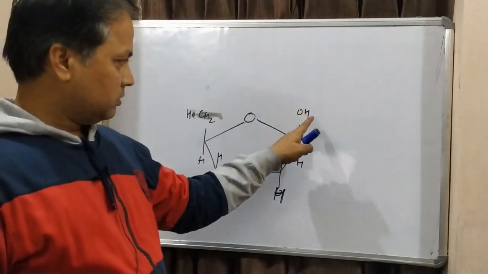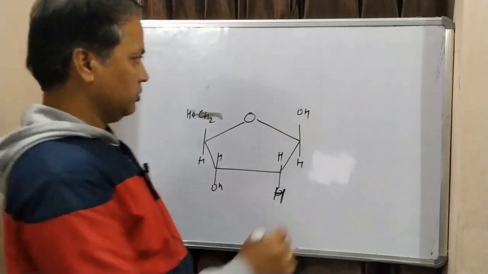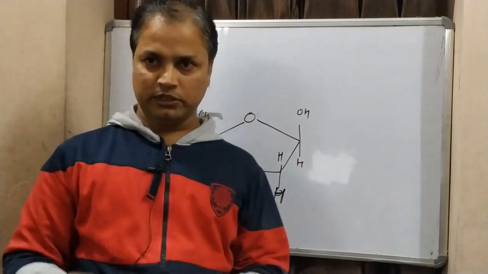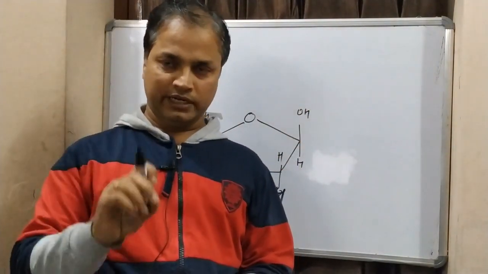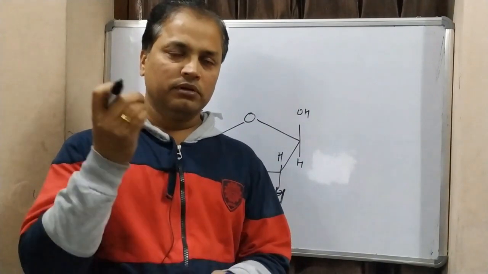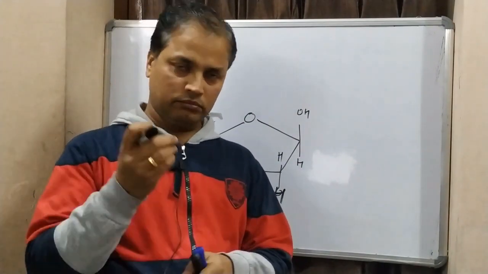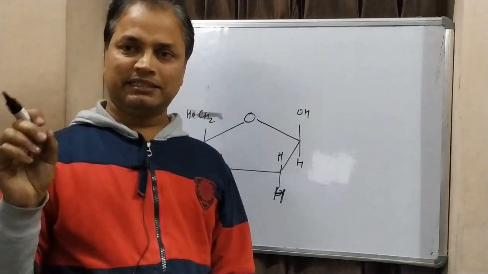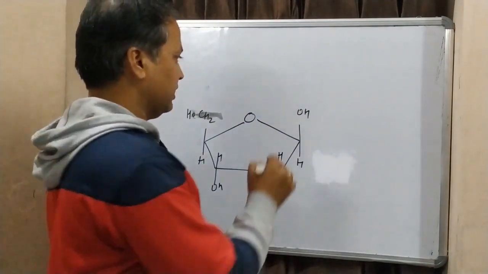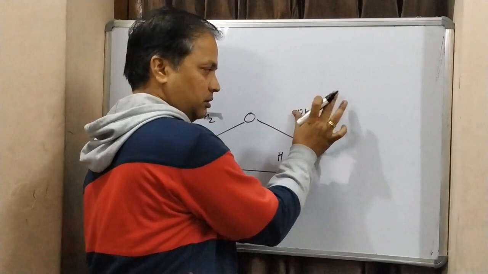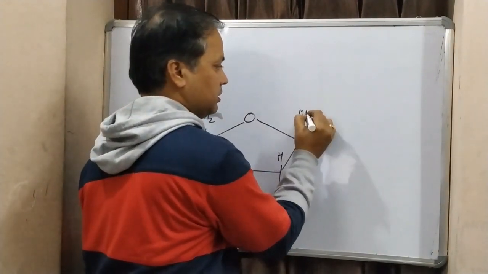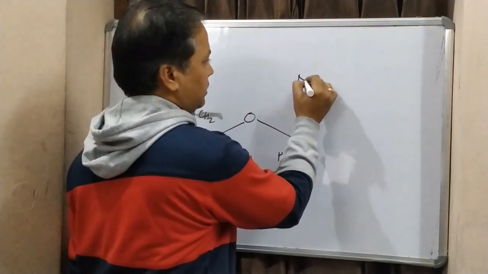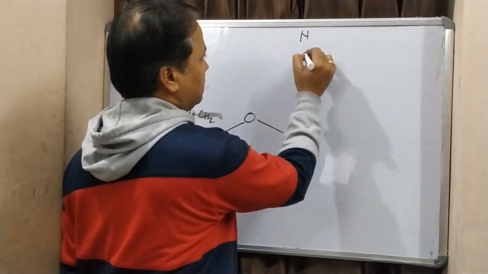Now I have told you this is sugar. Sugar is going to combine with a nitrogenous base. So I am going to write the nitrogenous base of adenosine. Adenine is a purine, so I am going to write adenine, that is 6-amino purine, which is called adenine. So this is OH and adenine is having nitrogen.